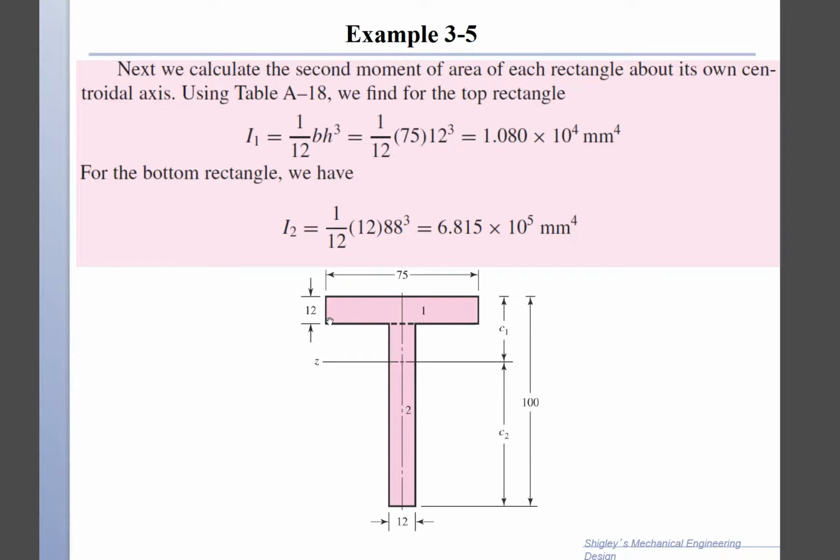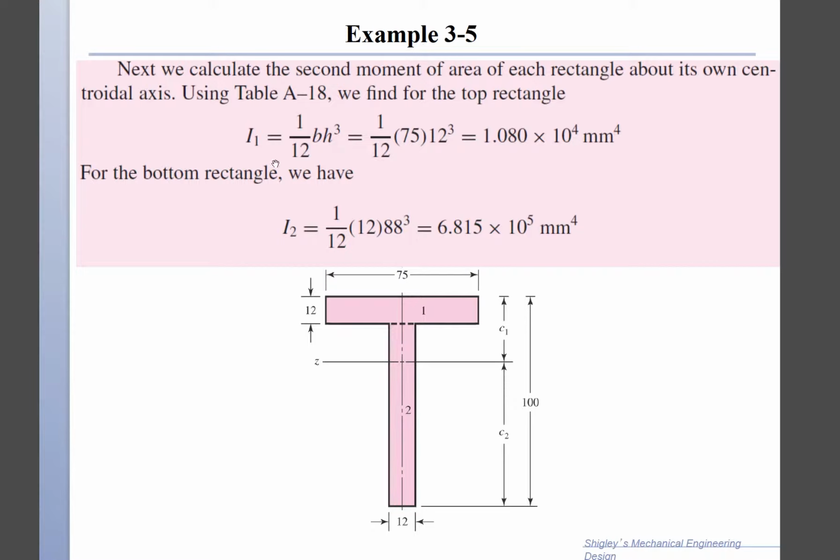So what I'll have to do is find the second moment of area of the first area about its own centroid, and the second moment of area of the second area about its own axis that passes through the centroid, and then use the parallel axis theorem to transfer the second moment of area from area 1 to the common axis, and area 2 to the common axis.